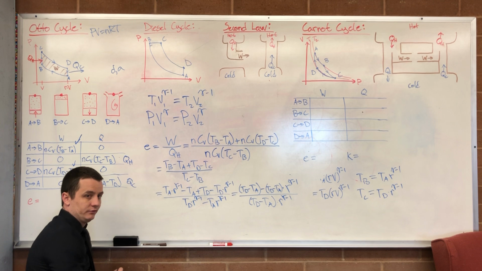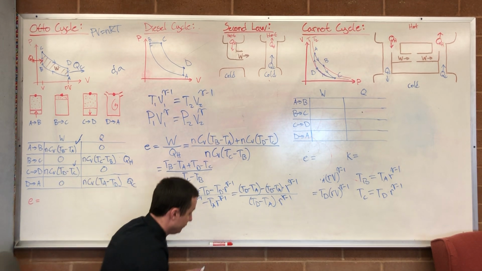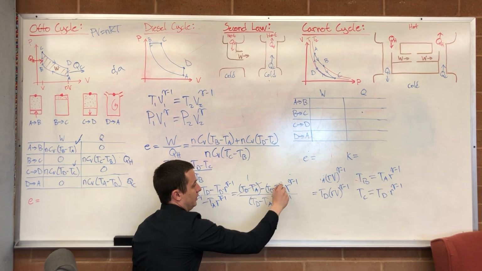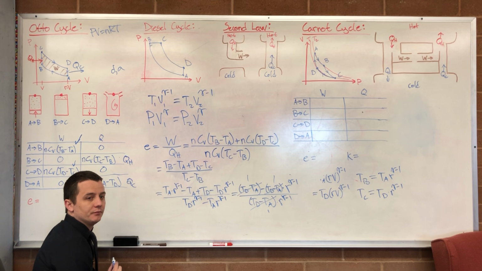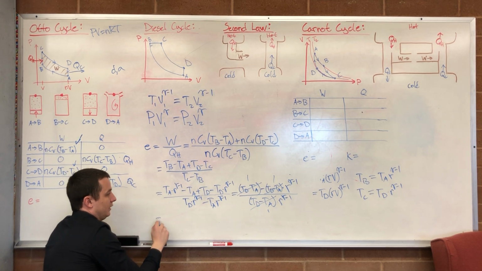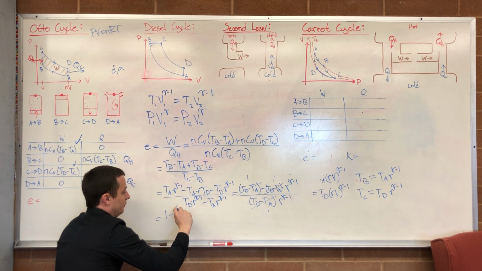You with me? Divide all my terms by TD minus TA. That makes that a 1, that makes that a 1, that makes that a 1. So we get 1 minus r to the gamma minus 1 all over r to the gamma minus 1.